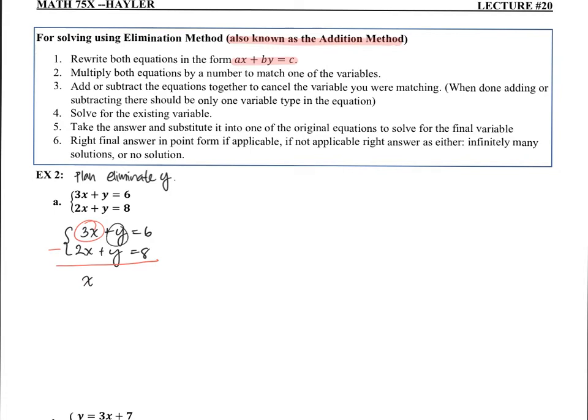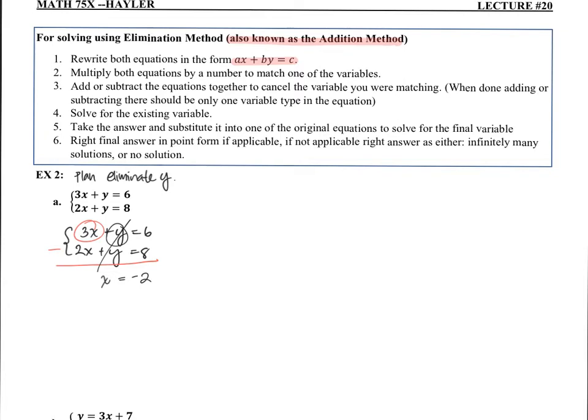Then we have y minus y, and they cancel, which was our plan. Remember, if they didn't cancel, something went wrong. And then we have 6 minus 8, which is going to be negative 2. Let me move that x over. X equals negative 2.